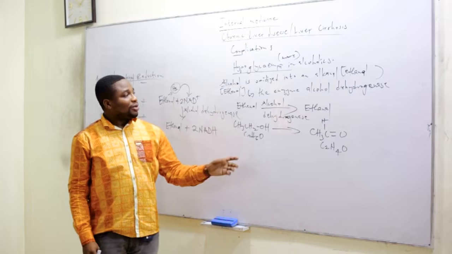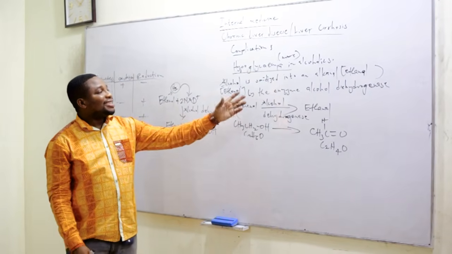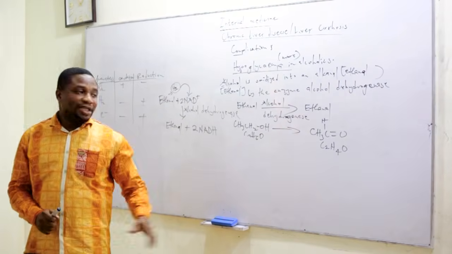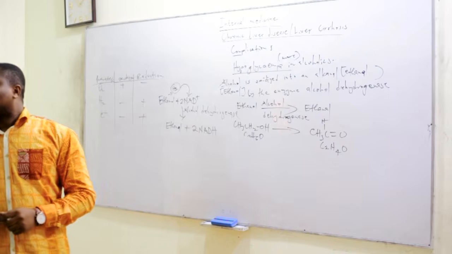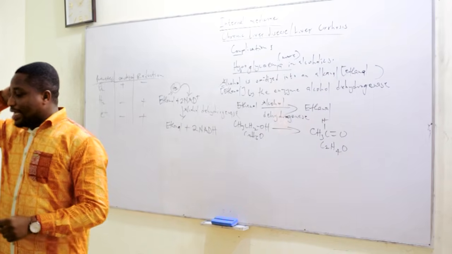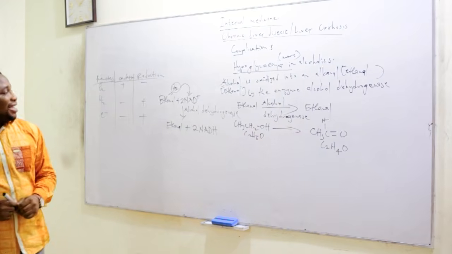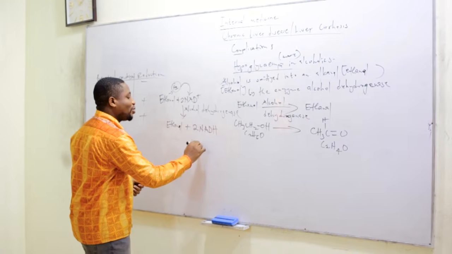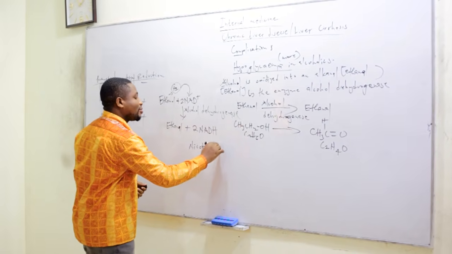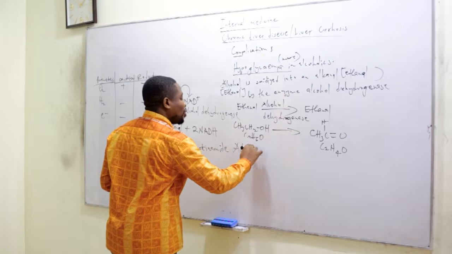So, we said alcohol is oxidized into alkanal by the enzyme alcohol dehydrogenase, and you can see the reaction below. The reaction results in the production of excess NADH. NADH stands for nicotinamide adenine dinucleotide.